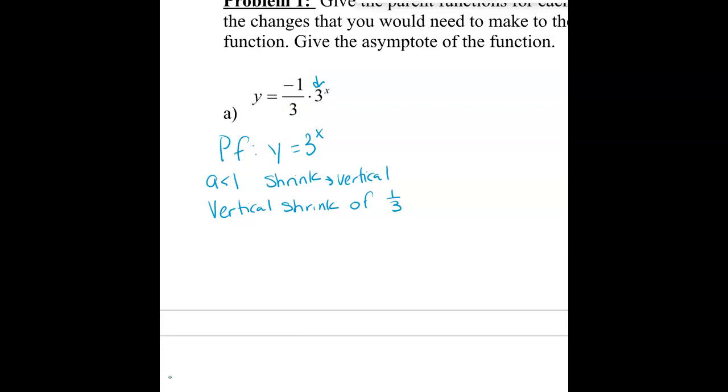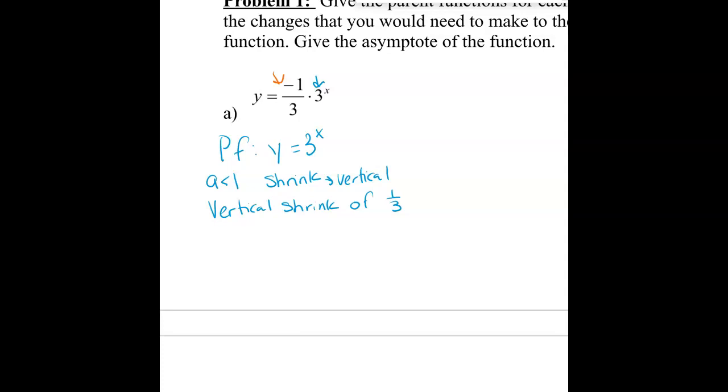Alright, but Miss Schuessler, guess what? We also have this particular sign right here. What the heck? I've got a negative. Well, that negative does something all on its own as well. Just because I only see one number doesn't mean that I only have one necessary transformation. So that negative is always going to do something else. Specifically, it is going to flip over one of my axes.